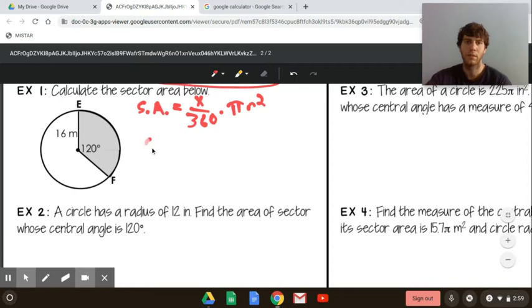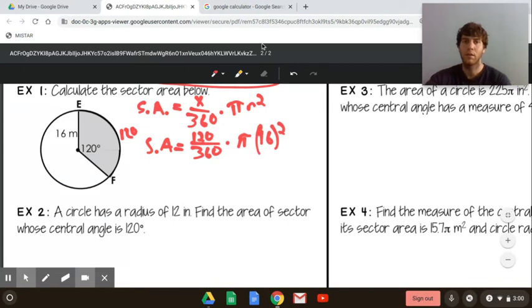So sector area for this one is going to be 120, our arc measure, so 120 over 360 times pi, and our radius is 16, so pi times 16 squared.